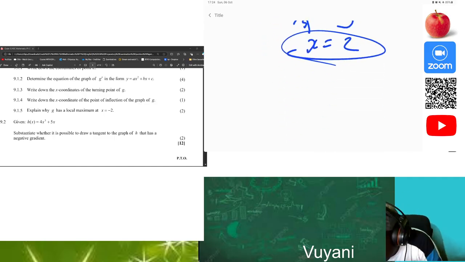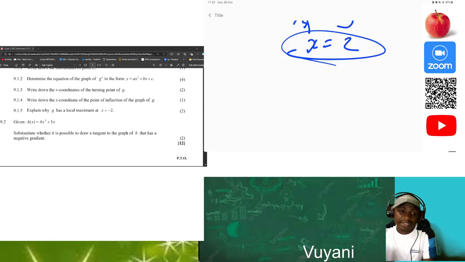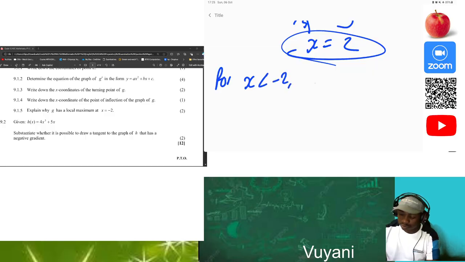Now let's look at 9.1.5. Okay, explain why G has a local maximum at x is equal to -2. Guys, it has a local maximum at x is equal to -2, because we can see that, let me write that in English for you over there. Okay, so we can see that for x is less than -2, g prime of x is greater than 0.